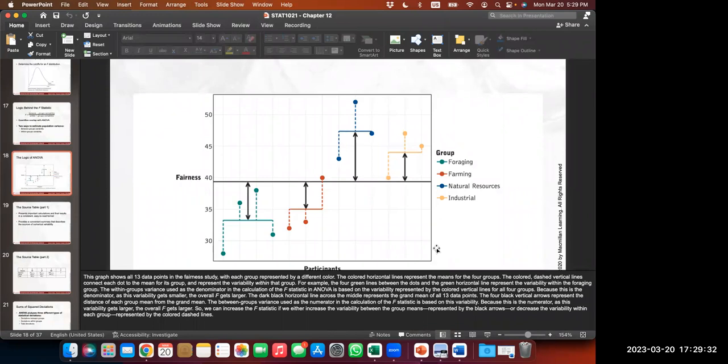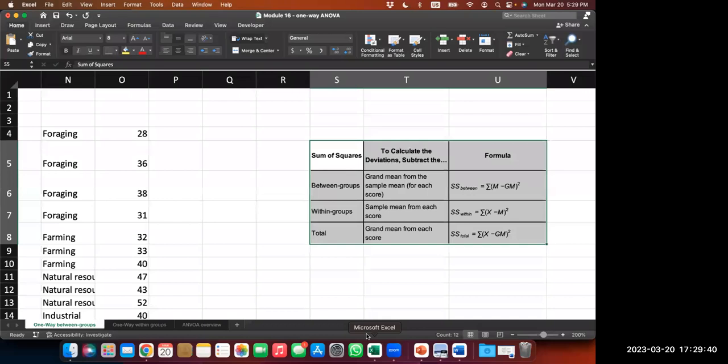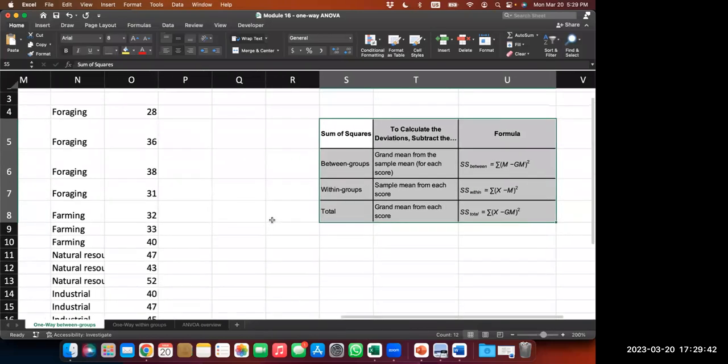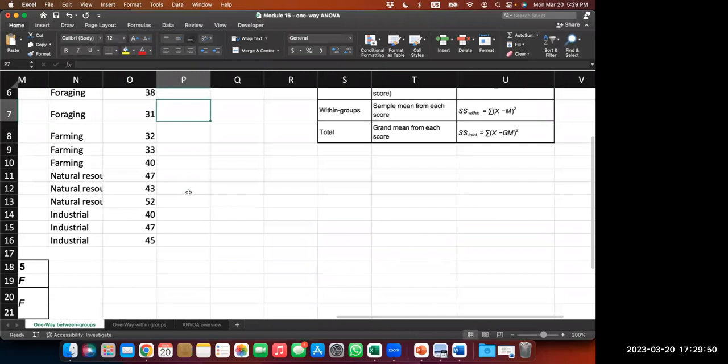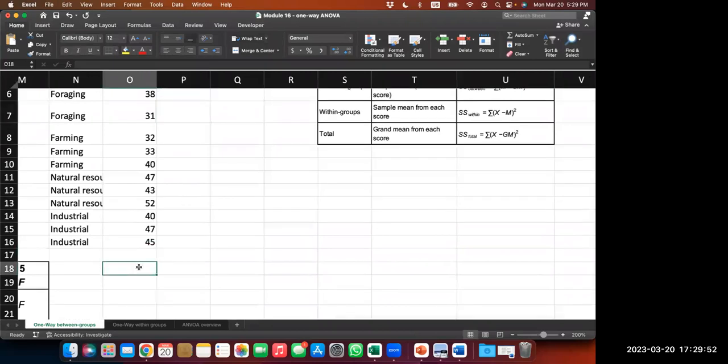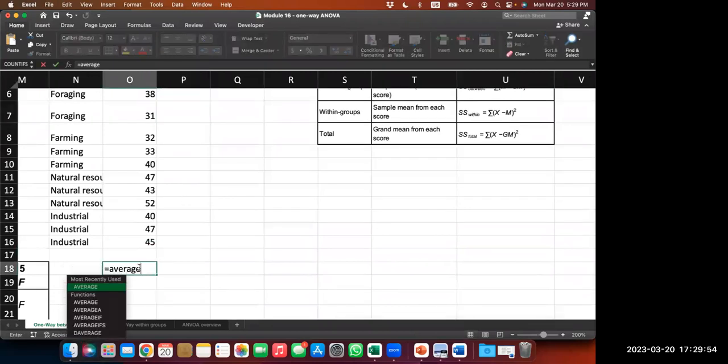So the between groups variability is quantified as the deviations, the black arrows. This is the individual mean minus the grand mean. The grand mean is calculated, as you can imagine, as the average of all of these.